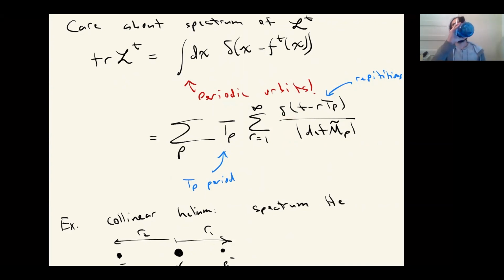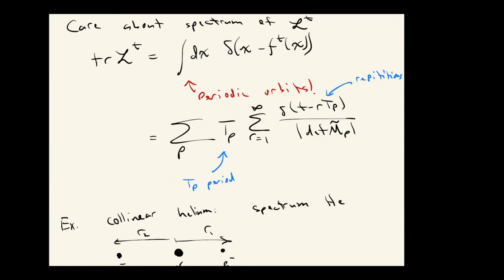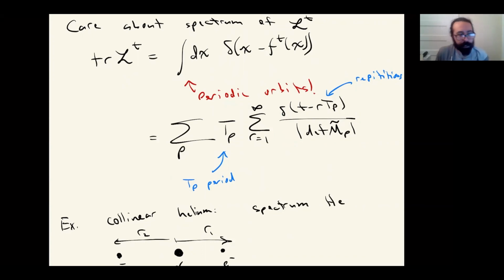Okay, makes sense. It's very similar to the Bohr-Sommerfeld story, where I have phases determined by the action of these classical paths, possibly up to some discrete shifts. So I think there is a really robust story of how to generalize this classical trace formula to quantum mechanics.